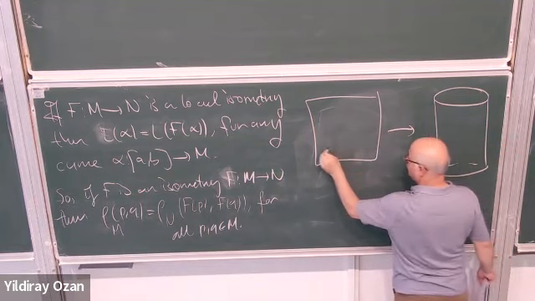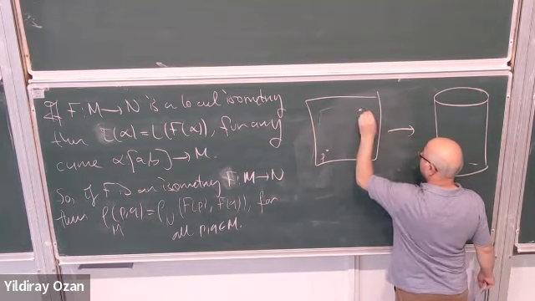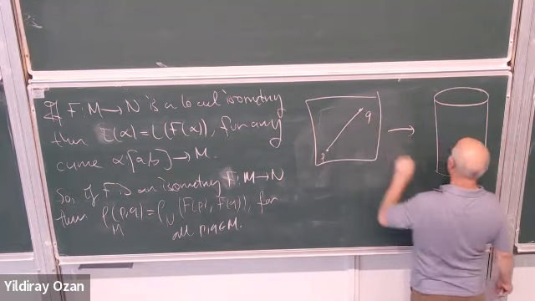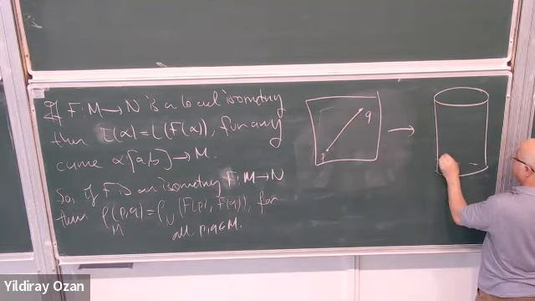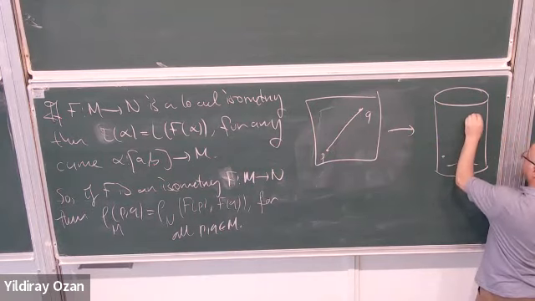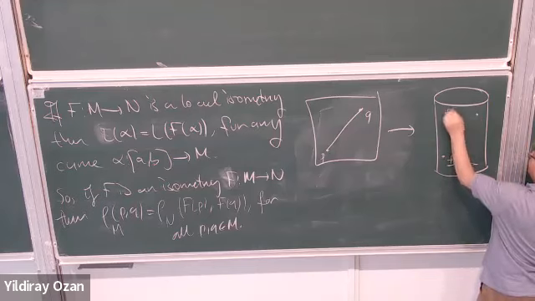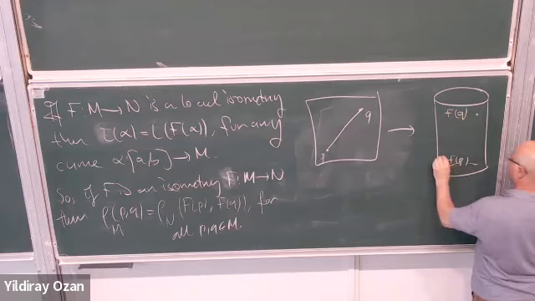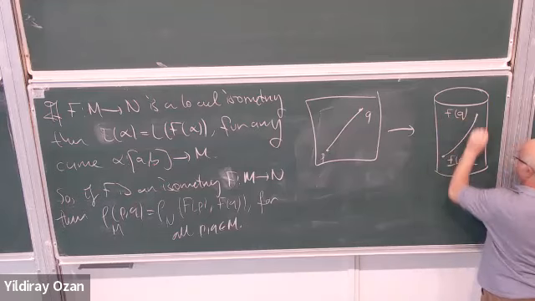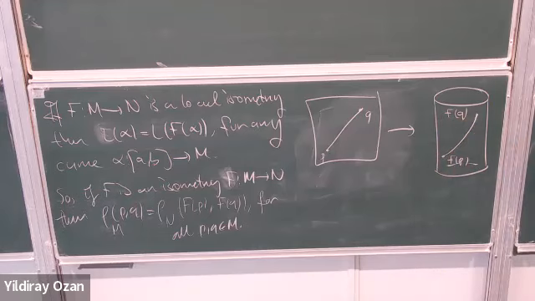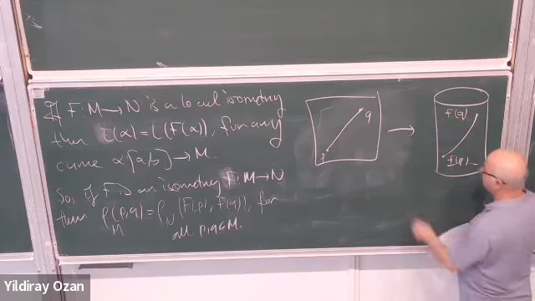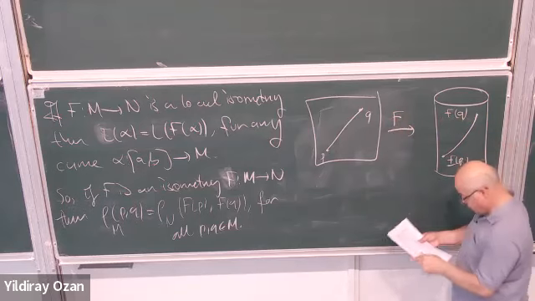So if you choose two points like this, then the distance between these two points is something like this, and between F of P and F of Q something like this. Okay. And these two distances are the same.